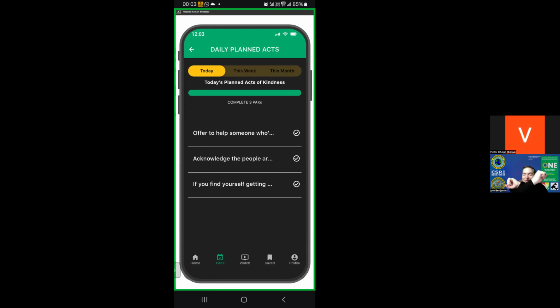You know what this means? It means absolutely 100% incorrect. You just broke our system. That was never the model that I designed. If you go to the original app, it tells you what the date is, and it tells you what the planned act is.